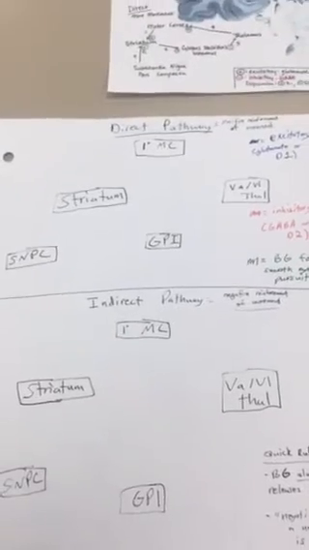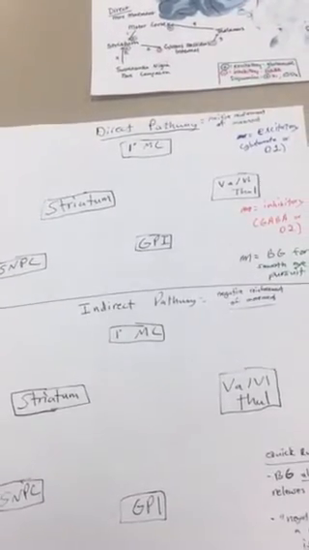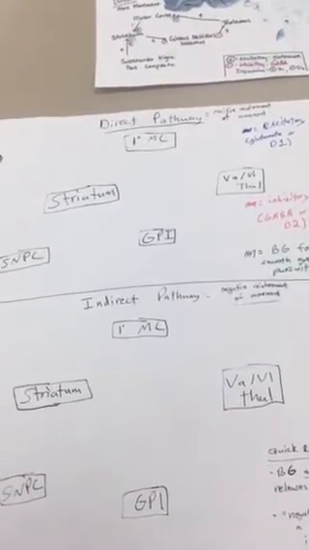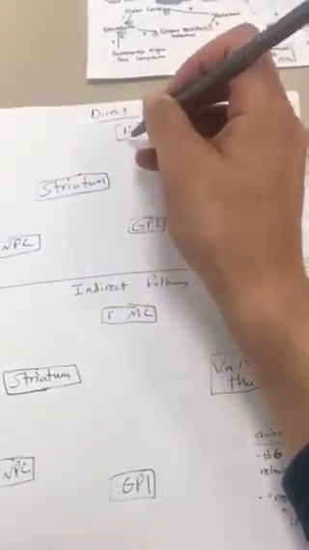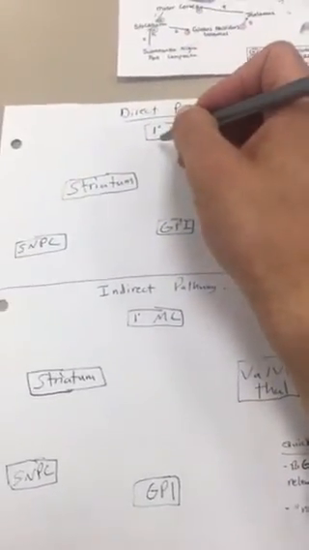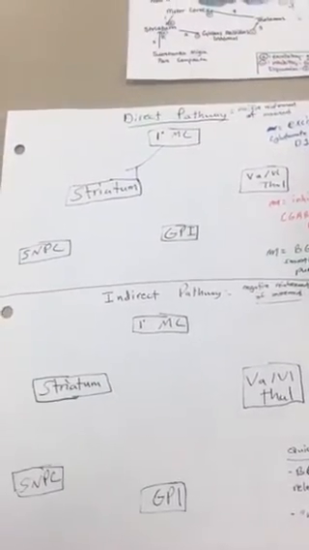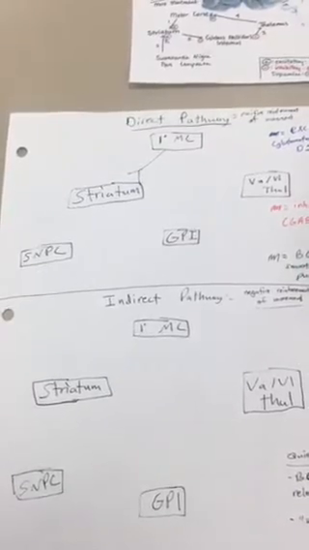So first, the direct pathway, which has to do with positive reinforcement of movement, so kind of smoothing out your movements, reinforcing and chaining them together. So what's going to happen? This is motor cortex, which is not basal ganglia, so that's going to release a positive glutamate neurotransmitter onto the striatum. Remember, the striatum is the caudate nucleus and the putamen combined.